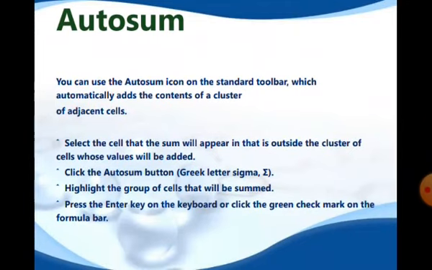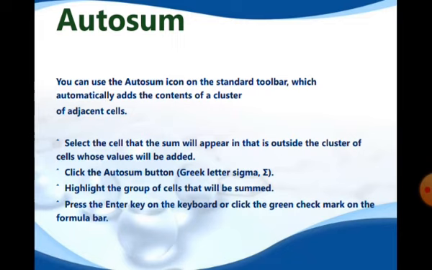AutoSum. You can use the AutoSum icon which is shown in the standard toolbar. It automatically adds the contents of a cluster of adjacent cells. First you have to select the cell where the sum will appear, outside the cluster of cells. Click the AutoSum button.